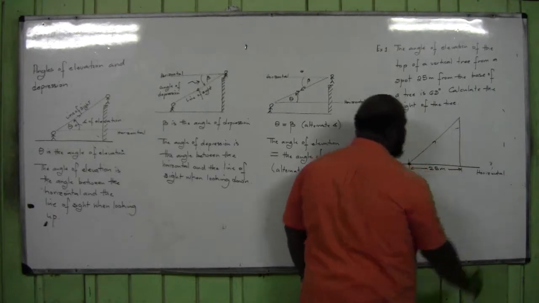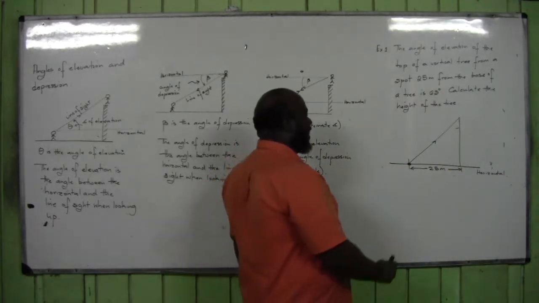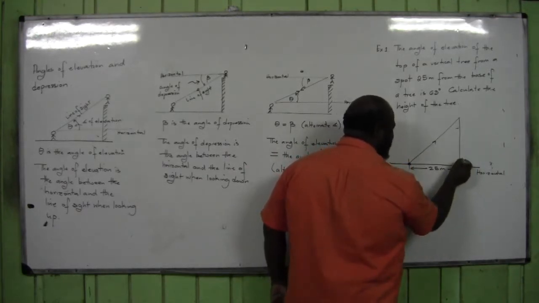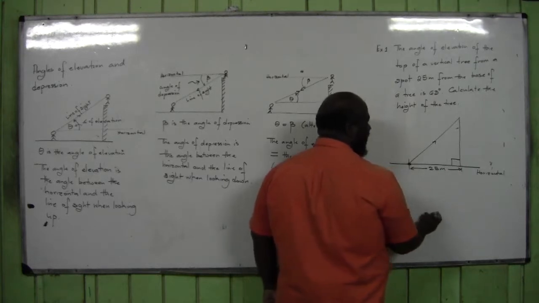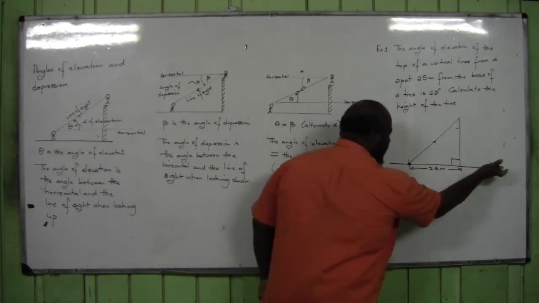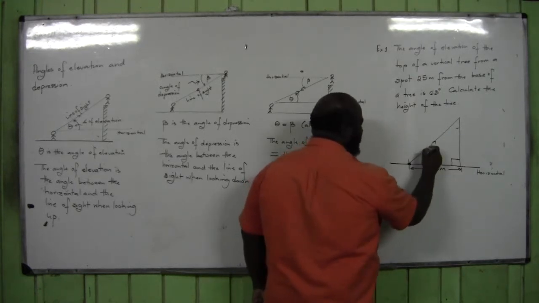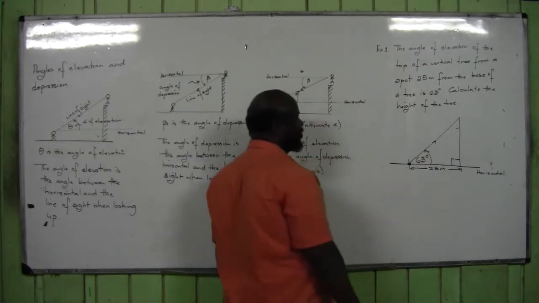The ground is horizontal and the tree is vertical. We're told that the angle of elevation is 63. This is 63 degrees.